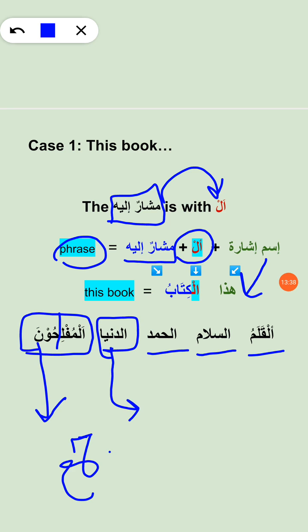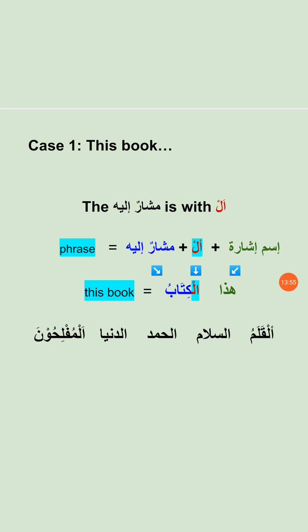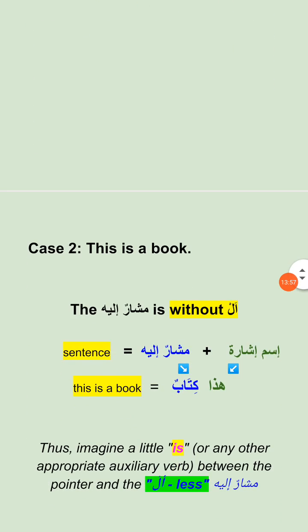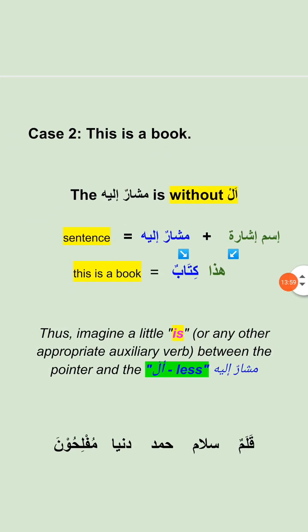Okay, so we are going to use haulai or ulaika and not haza or anything else. Okay, so haulai al-muflihuna, for example, or ulaika al-muflihuna, those or these successful ones. Okay, now as opposed to the first case, we have our sentence now.